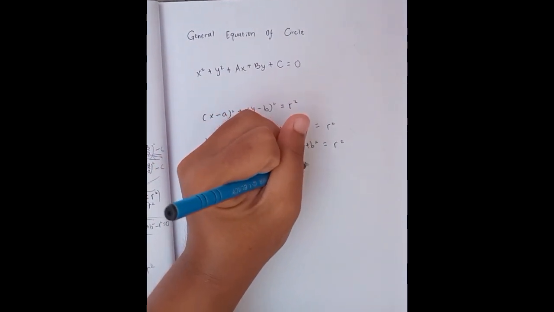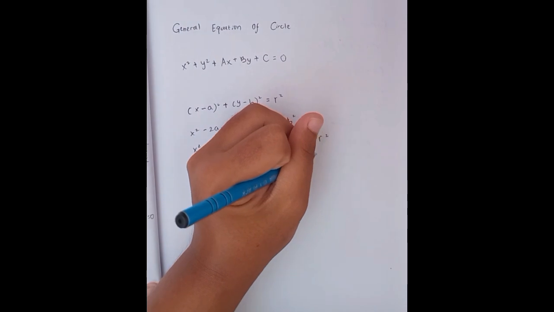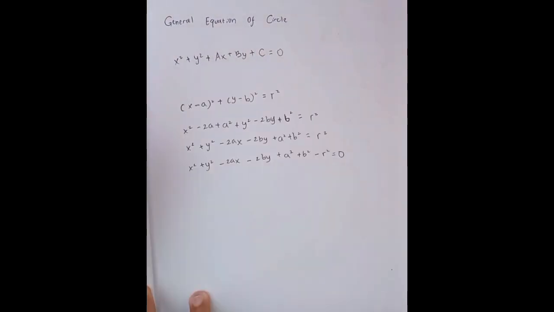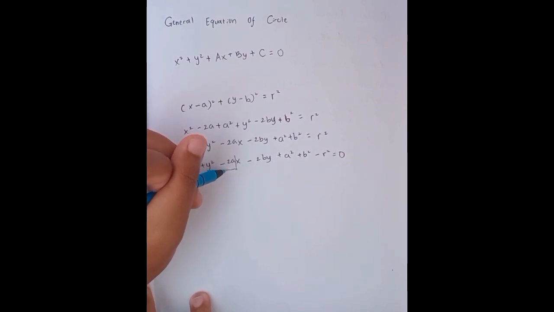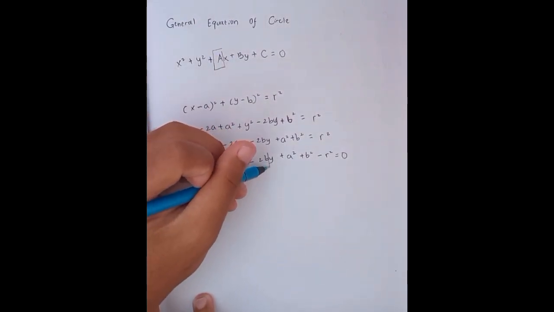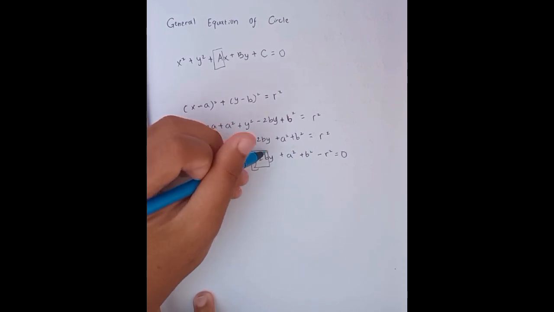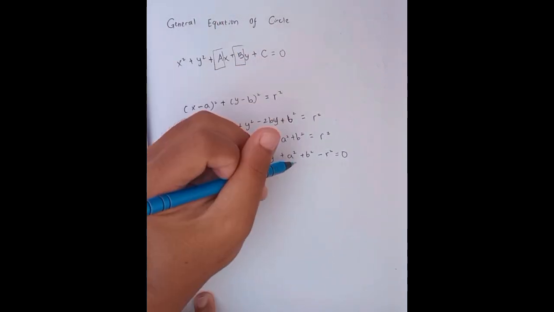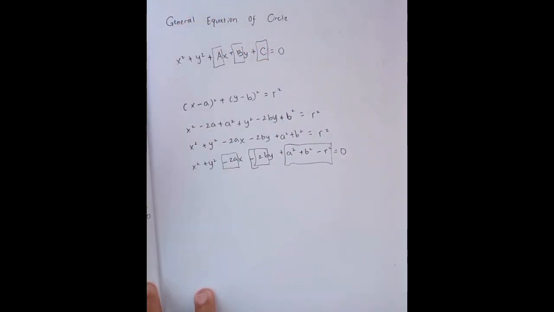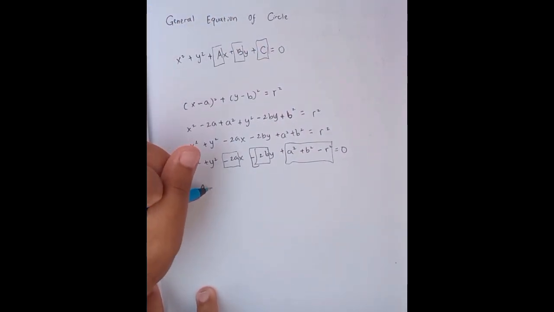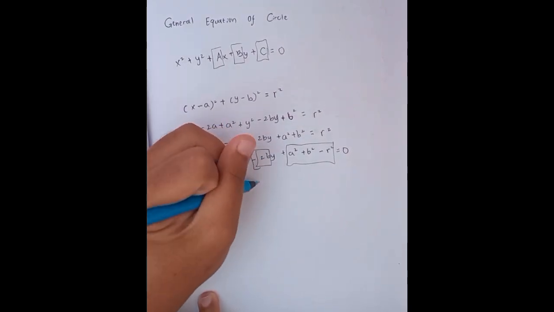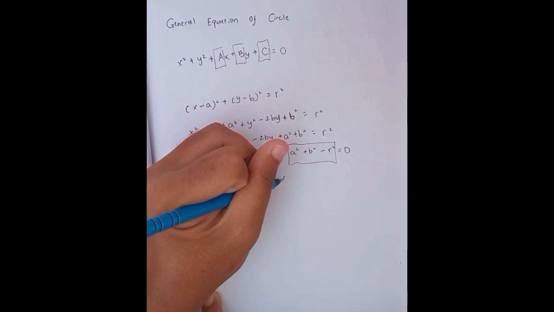becomes x squared plus y squared minus 2ax minus 2by plus a squared plus b squared minus r squared equals 0. Connect this equation with the general equation so that a equals minus 2a and b equals minus 2b and c equals a squared plus b squared minus r squared.